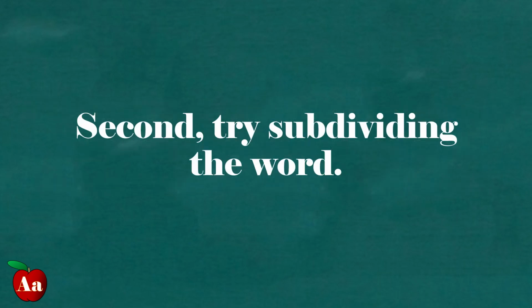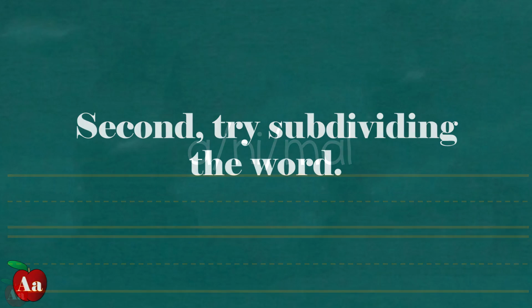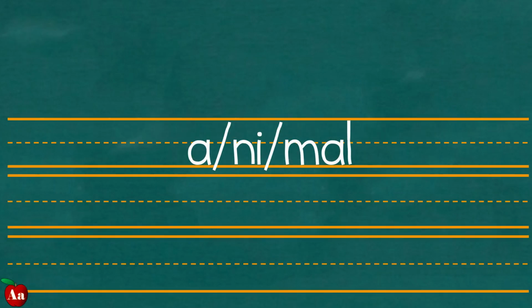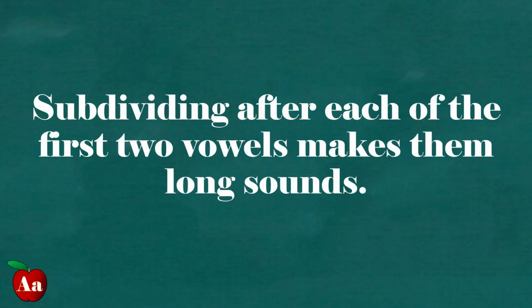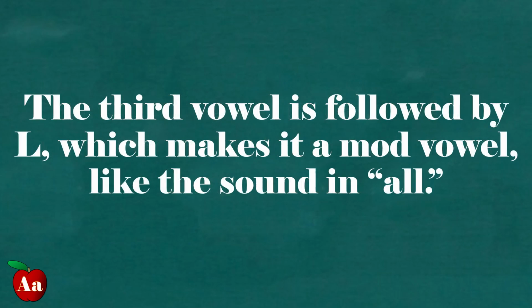Second, try subdividing the word. For our first try, we've divided between the A and the N and between the I and the M. Subdividing after each of the first 2 vowels makes them long sounds. The third vowel is followed by L, which makes it a broad vowel, like the sound in all.